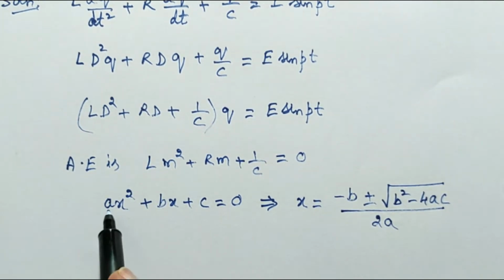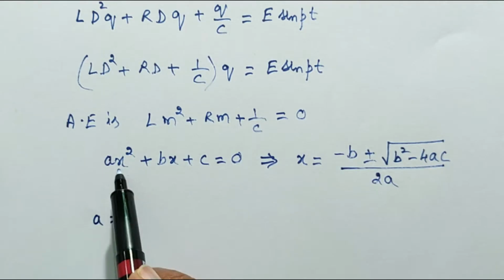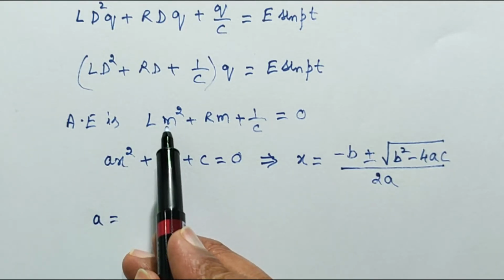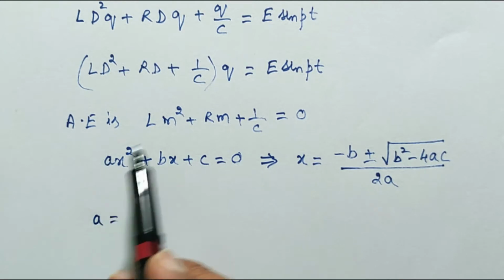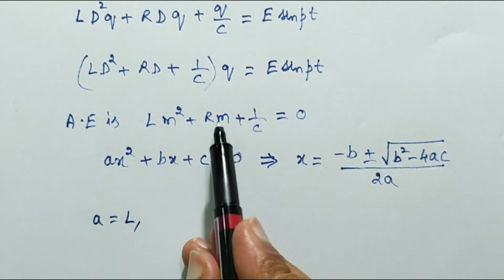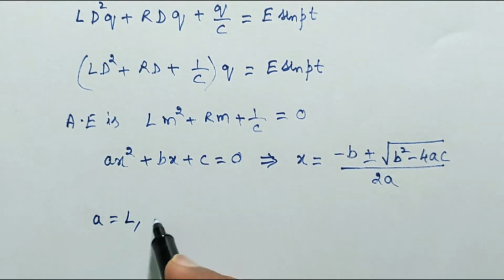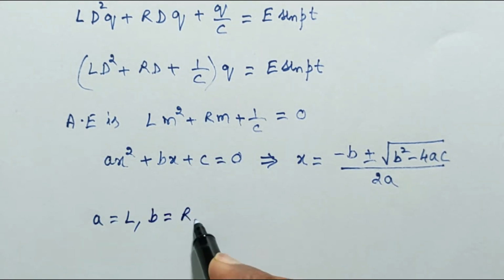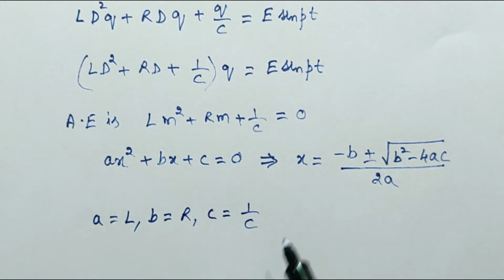Now if you compare the values, x represents your m value. So the coefficient of m square, a, will be L. The coefficient of m represents your b value, so b will be R. And the constant term c is equal to 1 by C.